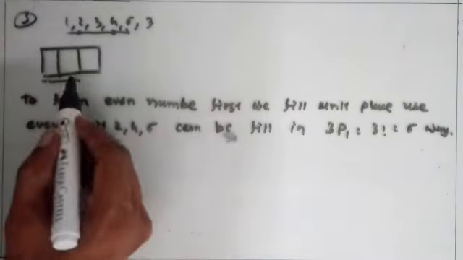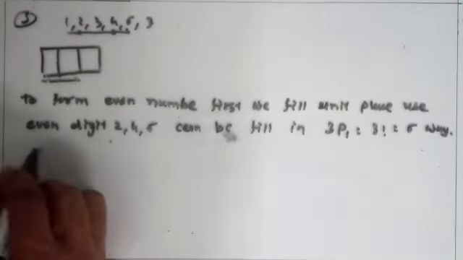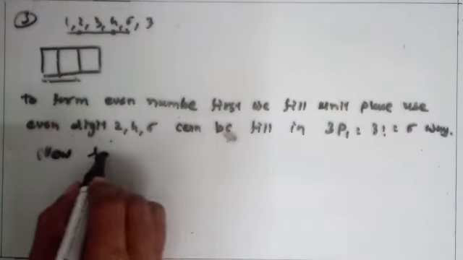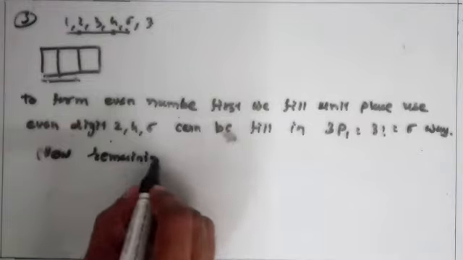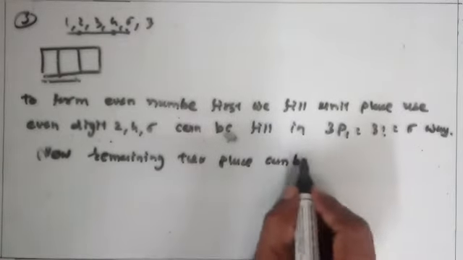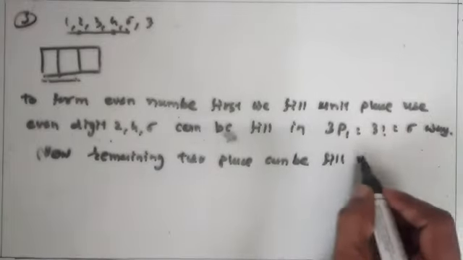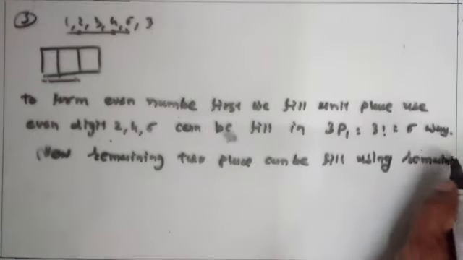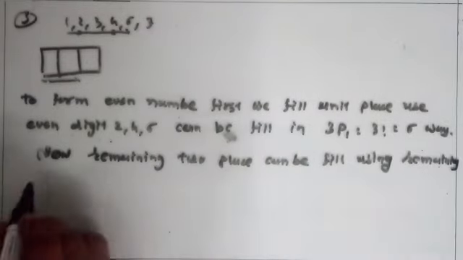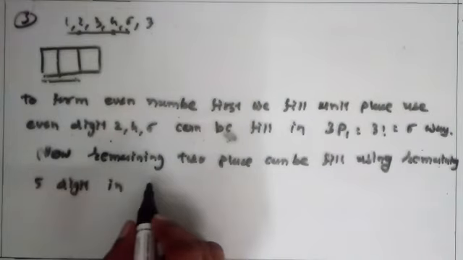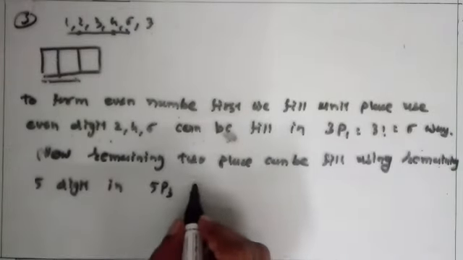Now the remaining 2 places can be filled using the remaining 5 digits, in 5P3 ways.